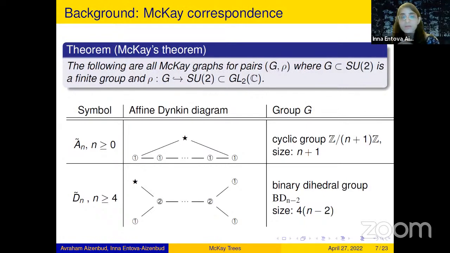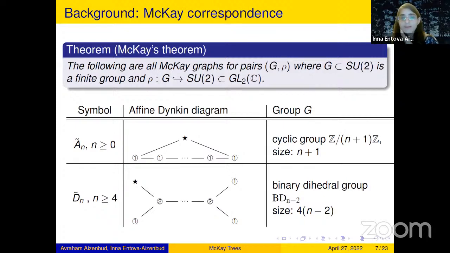So what does it mean, affine Dynkin diagrams? We take the usual simply laced Dynkin diagrams of types ADE, and we add one more vertex, which is precisely the star vertex, which we draw here. So this actually allows us to classify the finite subgroups of SU2 in one more way.